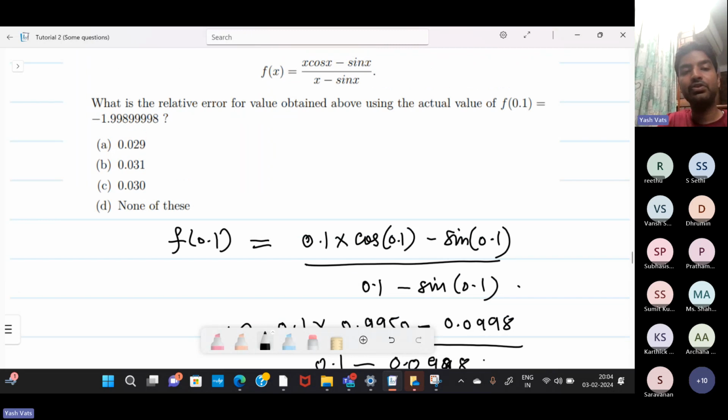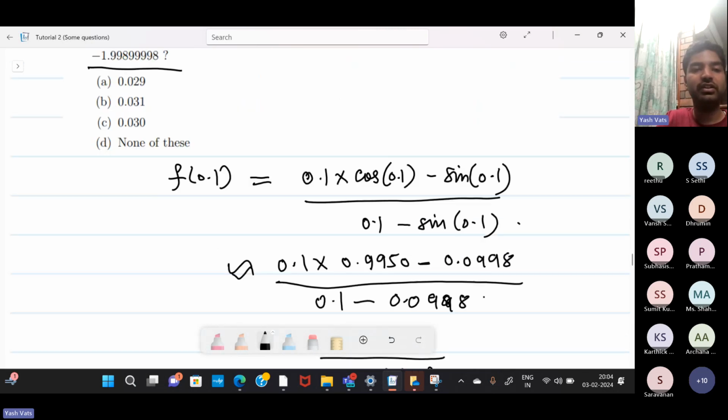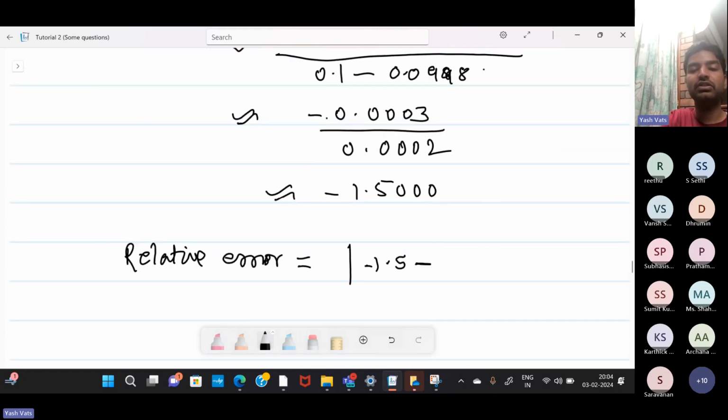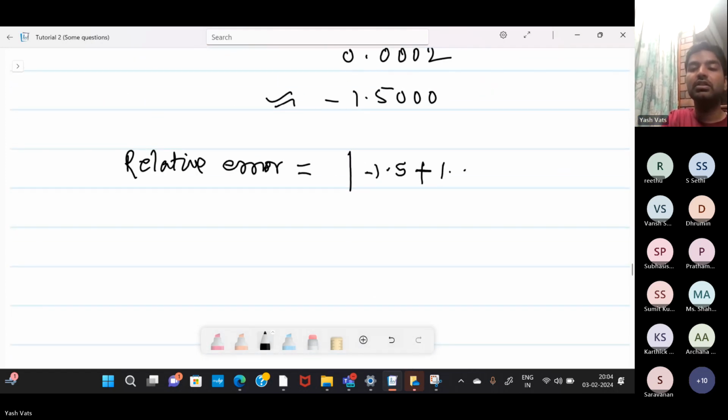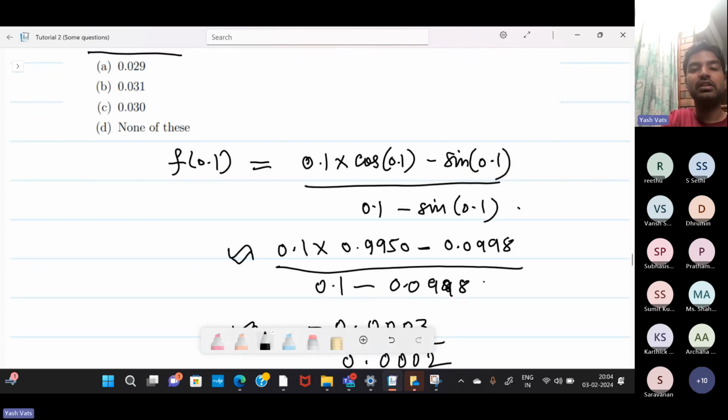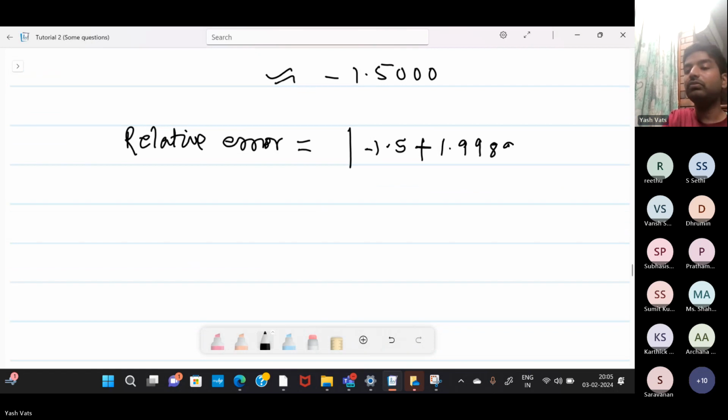So just use this value as it is. Here p star is minus 1.5. The actual is negative, so just use plus 1.998999 divided by this, again the same value.